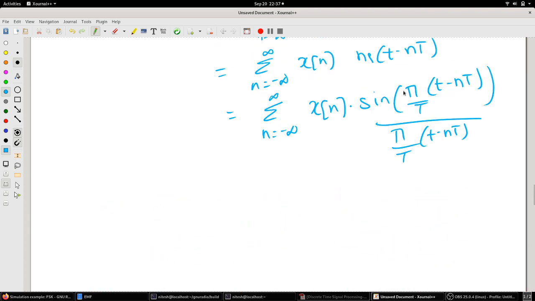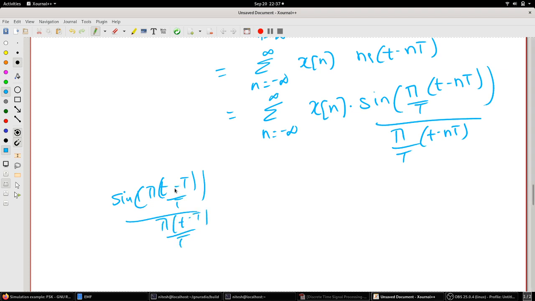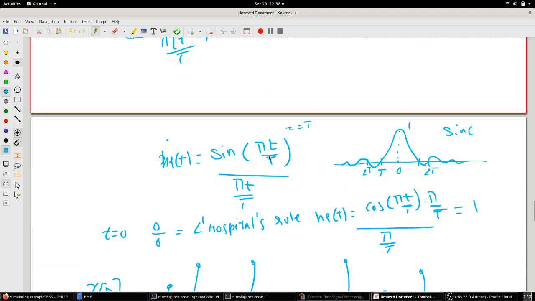What does this mean? At t equal to nT, these are where the peaks will be. So sin(π(t−T)/T) upon π(t−T)/T has a peak at t equal to T, in the same way that this one had a peak at t equal to 0.